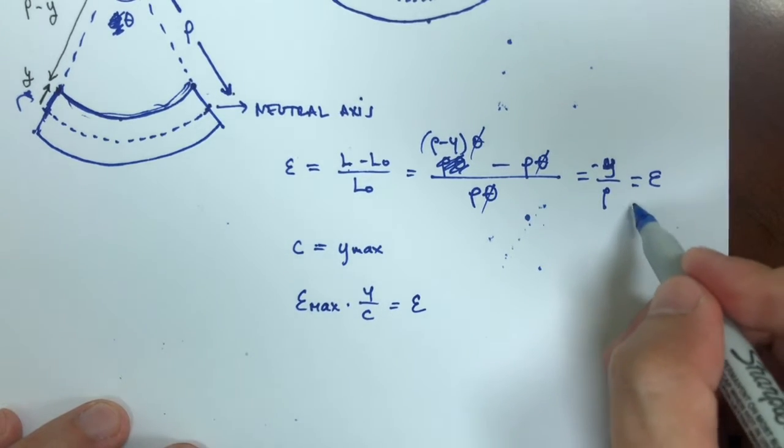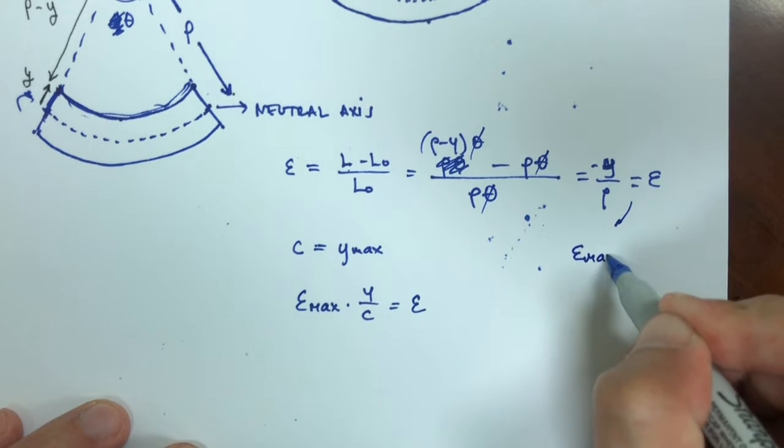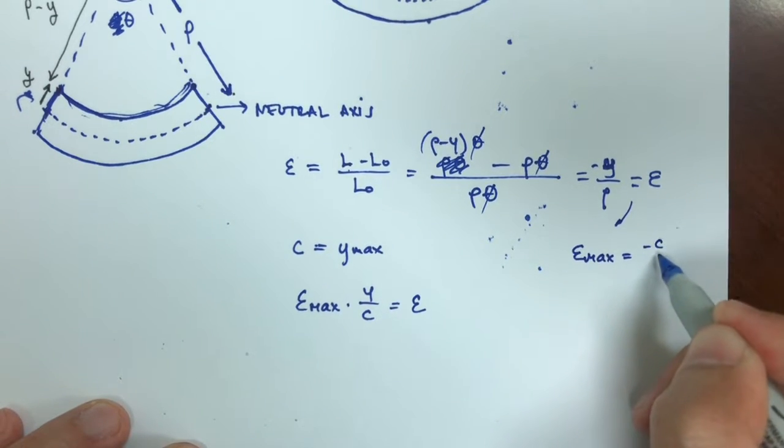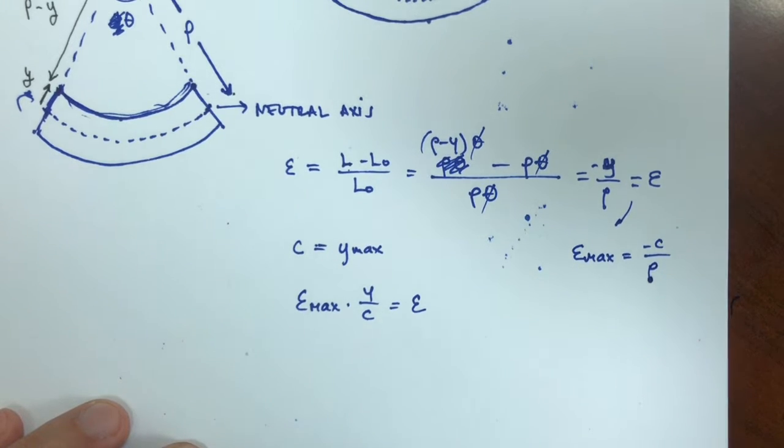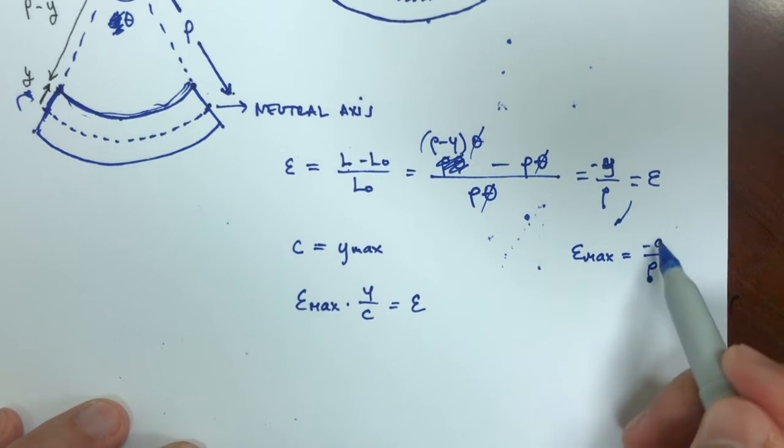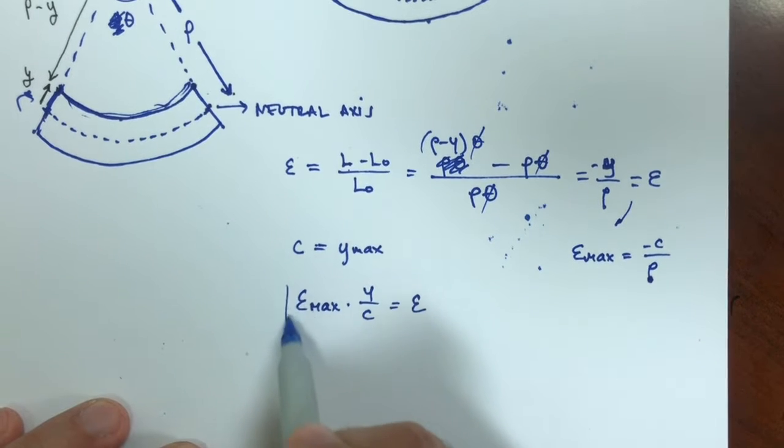So basically all I'm saying here is epsilon max would be not for any y, but c over rho. So if I compare this with a c and this with a y, I end up with this relationship right here.